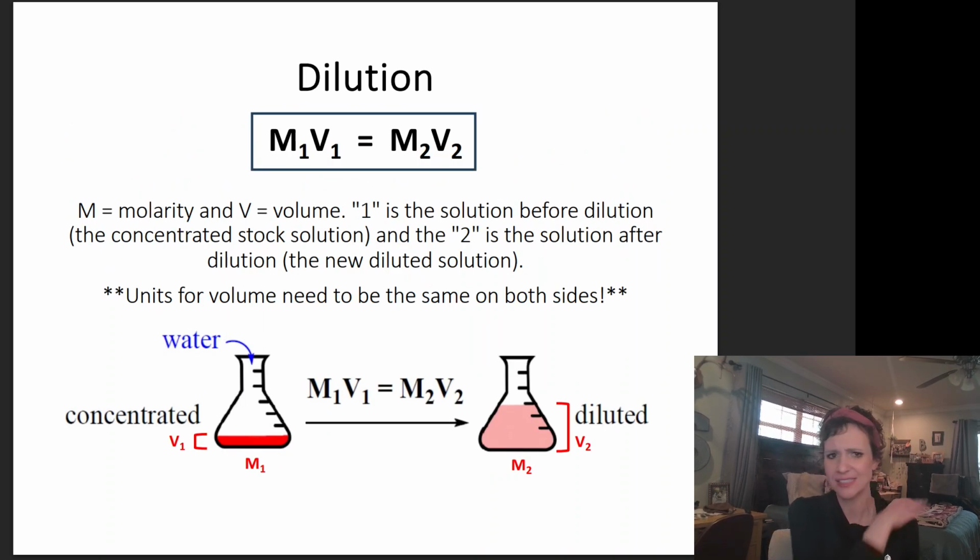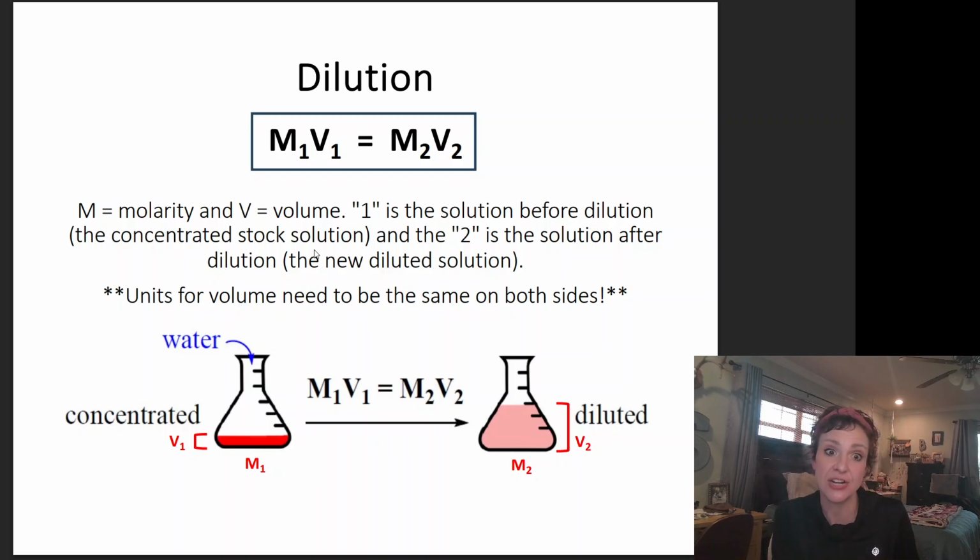So how can I figure out how to dilute something? I have this cool thing called the dilution equation. M1 times V1 is equal to M2 times V2, where M stands for molarity and V stands for volume. My 1s is the solution before I've diluted it, meaning the concentrated stock solution of the highest concentration that you're going to have in your chemical stock room.